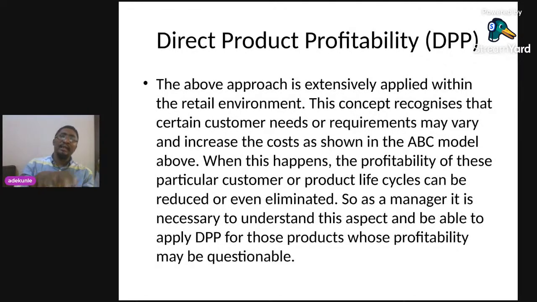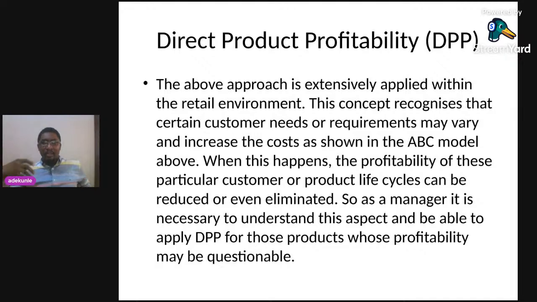Of course, we have other factors. Direct product profitability is another tool that can be used to analyze the activities within the supply chain, because this approach is extensively applied within a retail environment. It enables you to break down the different costs, wants or needs of your customer.